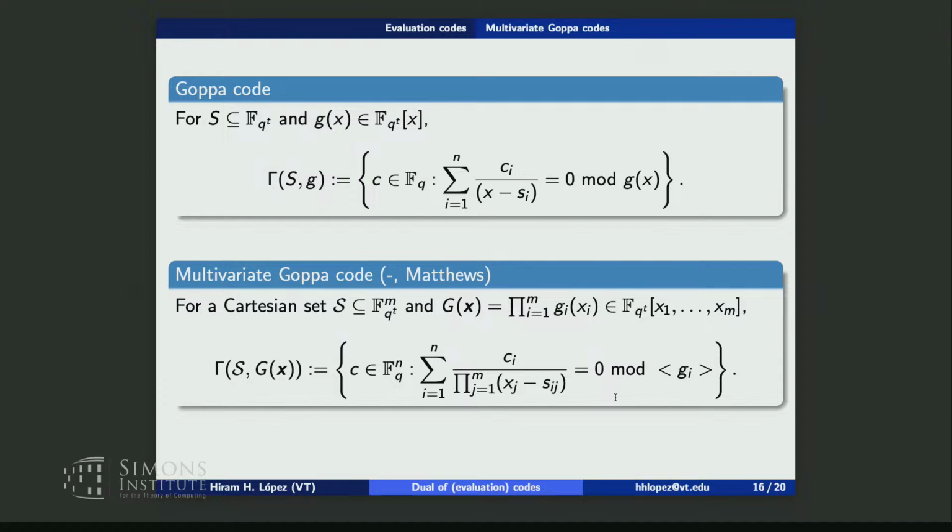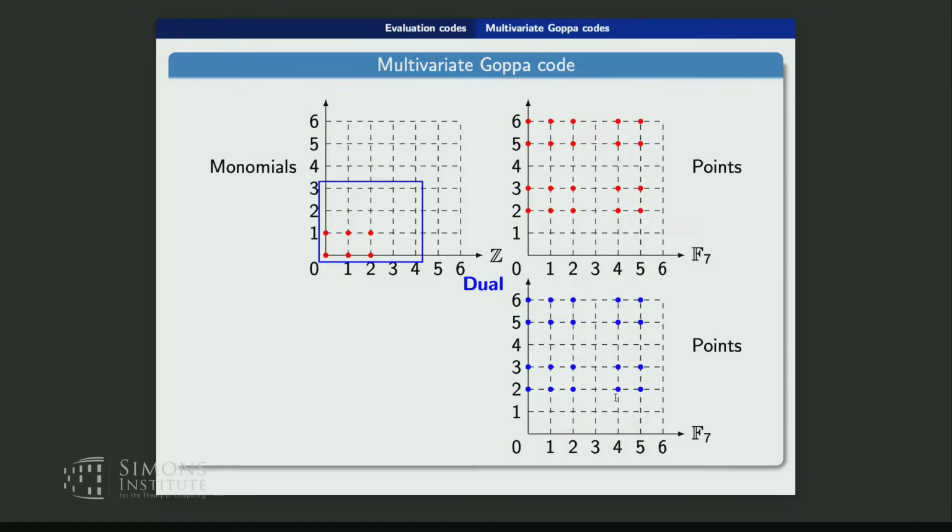How can we represent that guy? I'm sure that you can do it. We have certain points. Here, we use the same points because it's a Cartesian set. And then I want to find the dual of a tensor product. The tensor product is just a rectangle, something like this. And the blue one is coming from the points. These guys are the evaluation monomials. And you can find the dual, right? It's exactly what you expected.